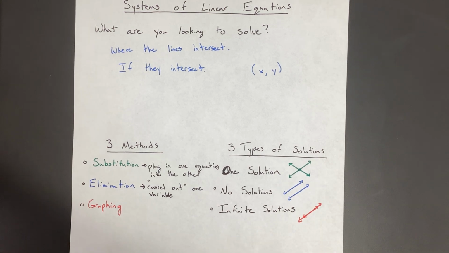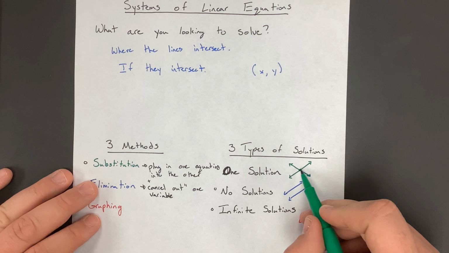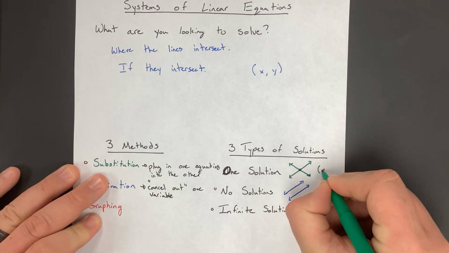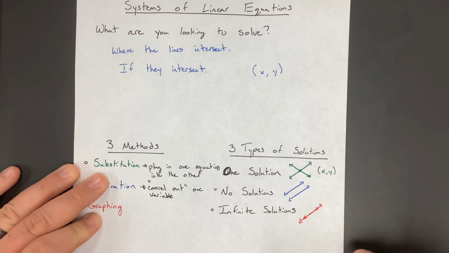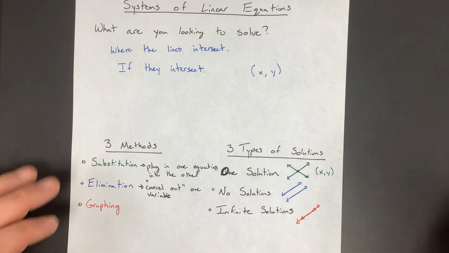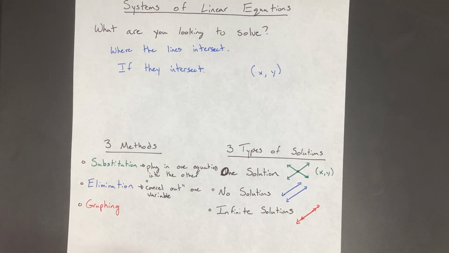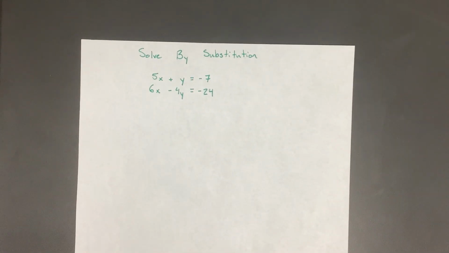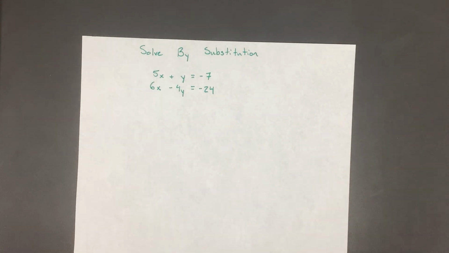Just to reiterate, when we have one solution, we want to find that point, and our solution is going to be the point with the coordinates of where those two lines intersect. So let's first look at solving by substitution.